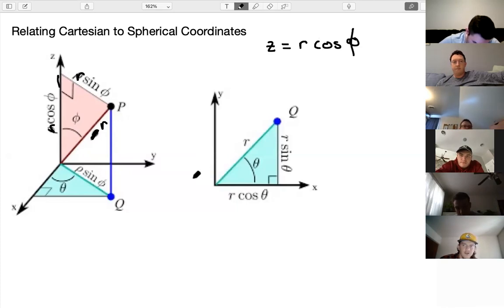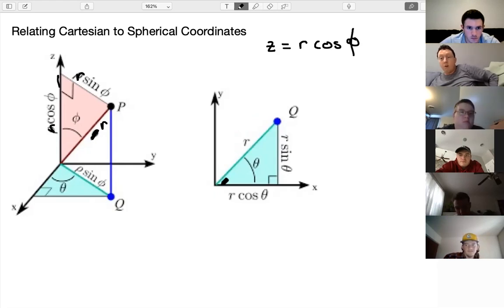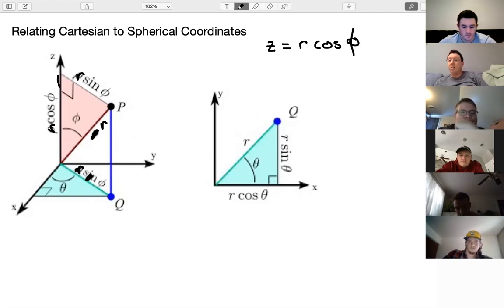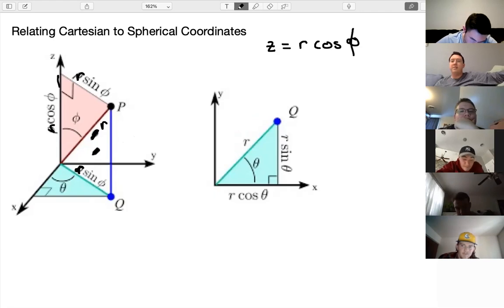r is the radius of the sphere, right? From the origin to the point. And I'm using something different than Stephanie did. She called that rho, but I don't want to do that because it will get us confused later on. So you have to understand the coordinates and use the appropriate notation.